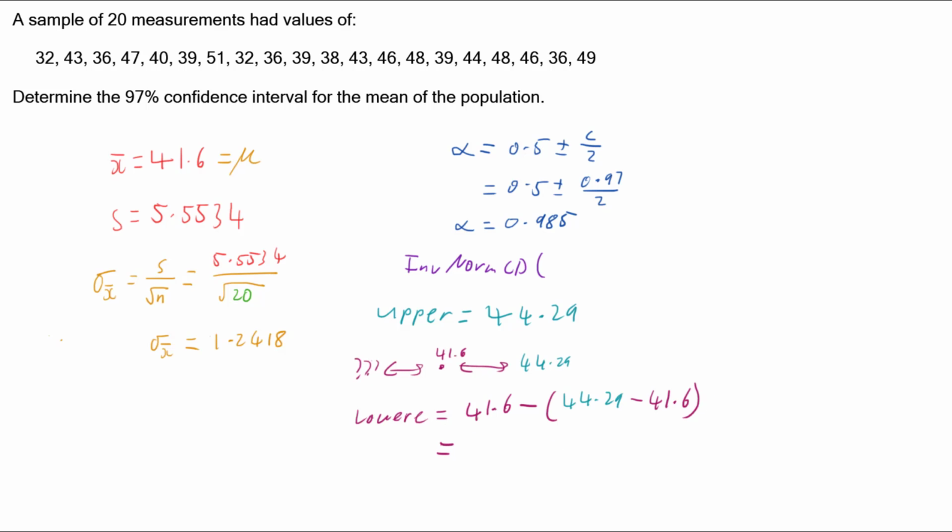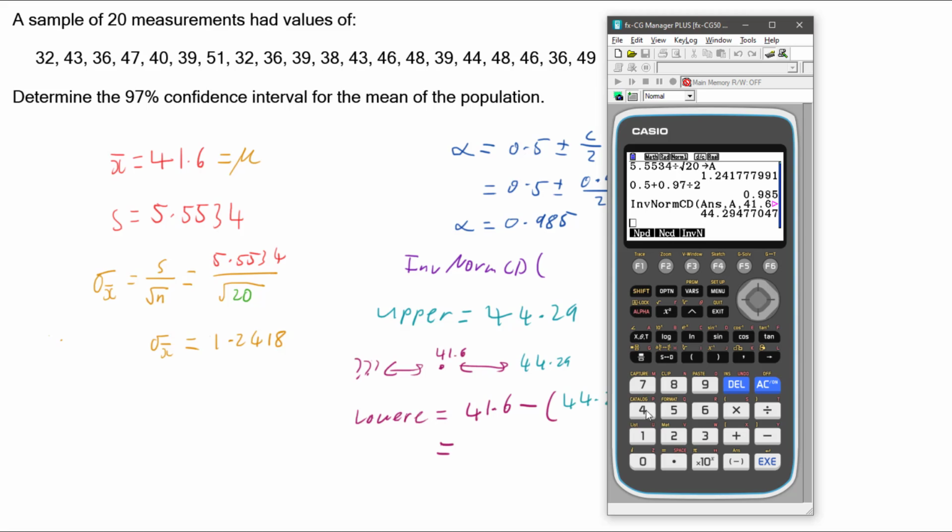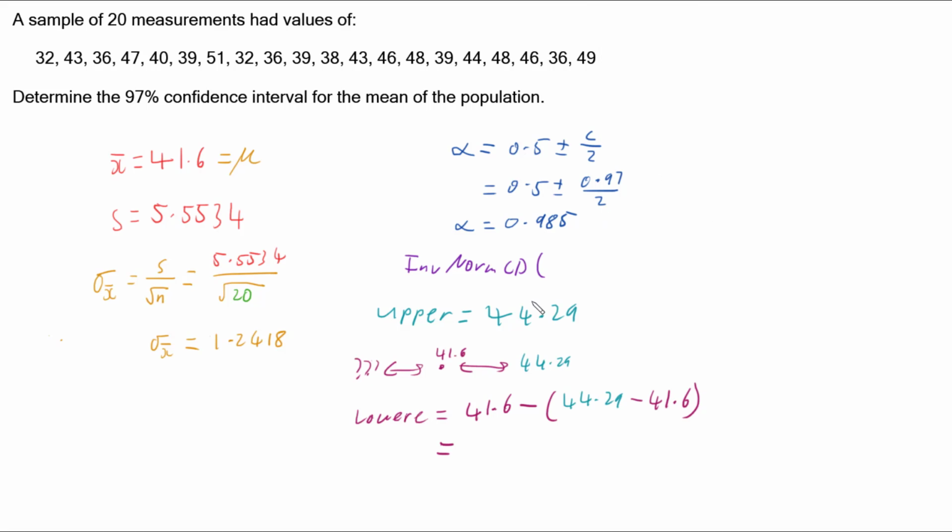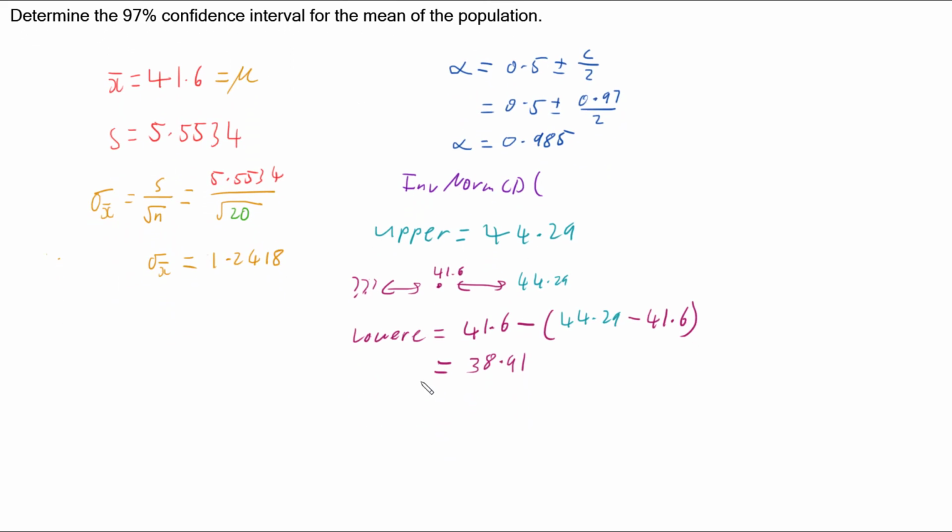So chucking that into our calculator, we're going to have our mean, 41.6, minus our upper limit, which is in our answer, minus off our mean, 41.6. Execute, and there's our lower limit, 38.91. So therefore, we can now write our confidence interval.